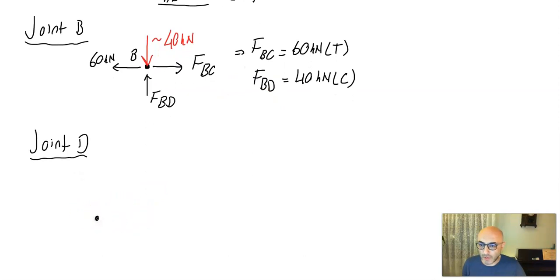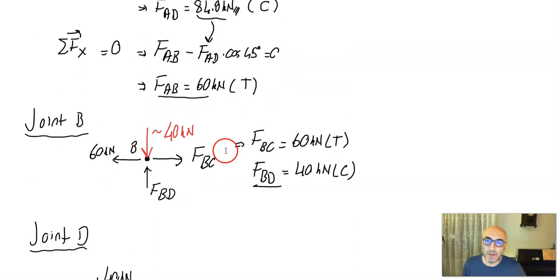Okay, so that's joint D here. For our joint D we have a 40 kilonewton force, FBD, up here, and we have this one here, which is FAD, and we found FAD.